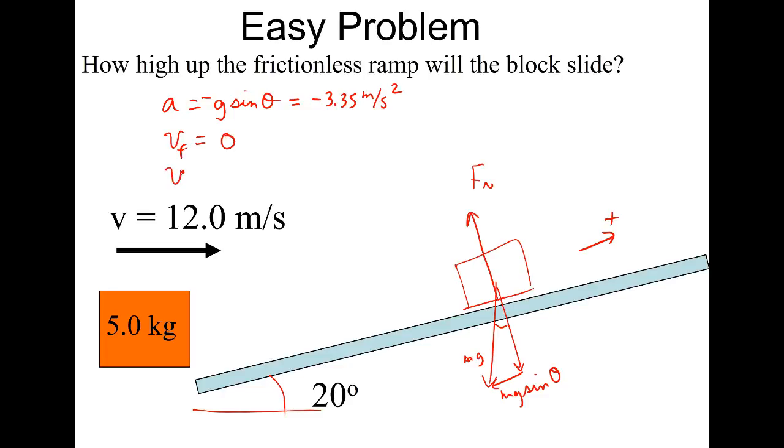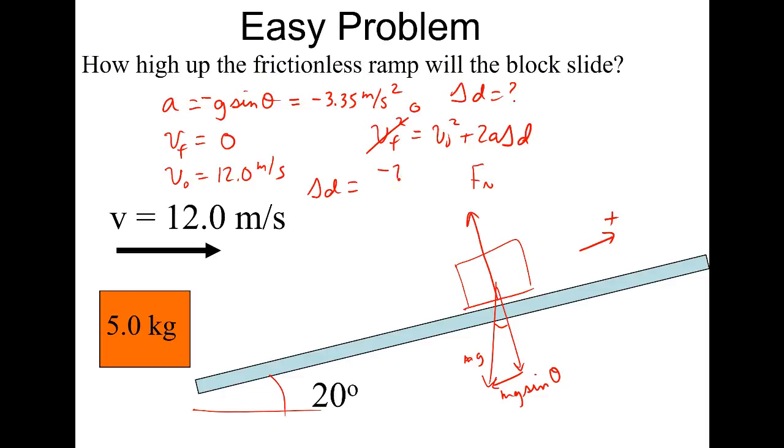Okay, we have V initial is 12. So using the forgotten equation, V final squared equals V initial squared plus 2a delta d. We're trying to solve this for delta d. So delta d will just be, so V final is 0, it'll be essentially negative V naught squared over 2a.